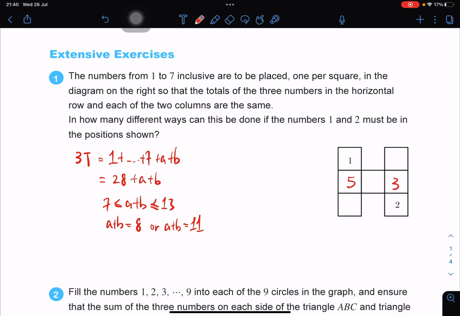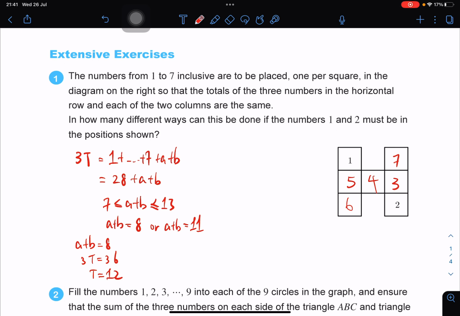And then when A and B is going to be 8, it means that 3t is equal to 36, and that means that t is 12. All right, so if I have 2 and 3 there, it means that this is going to be a 7. And for 1 and 5 there, it means that this is a 6 and this is a 4. Right, so that's the only way to fit it in.